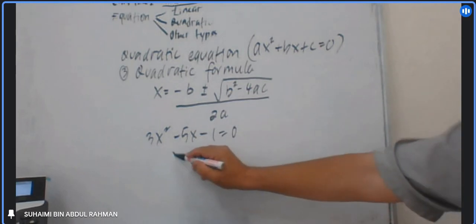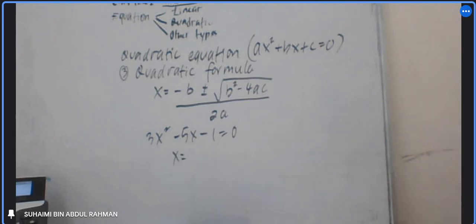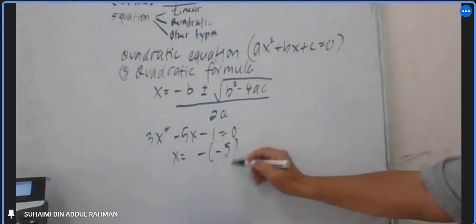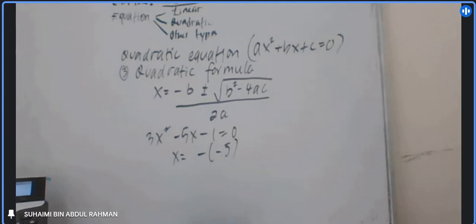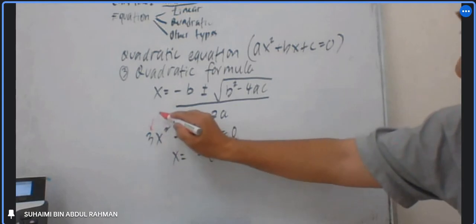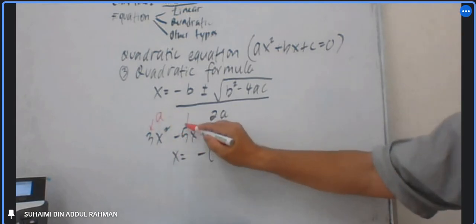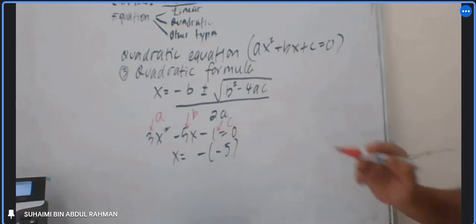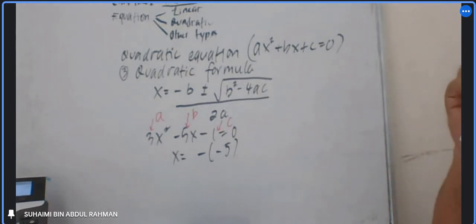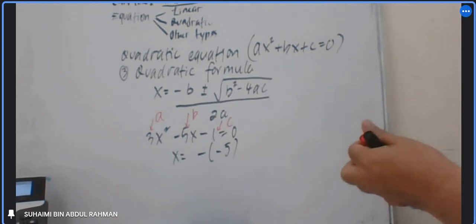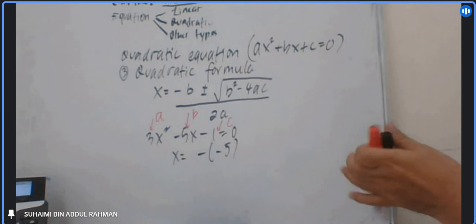So x here is minus 5, because b is minus 5. This is a, b, c. x is minus 5.